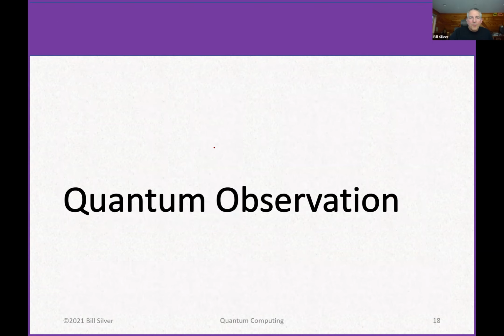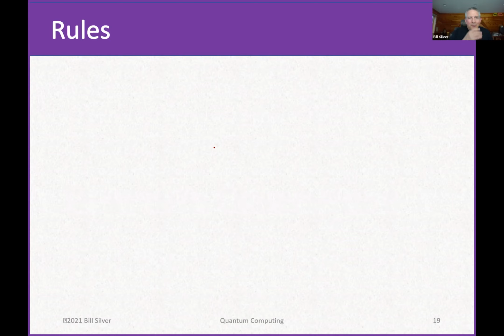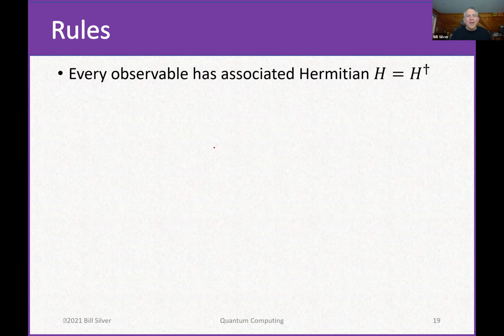So let's talk about observation, all right? This is just straight quantum mechanics, none of which I remember from college, but which I was exposed to when I was learning this stuff. So here are the rules as they have been explained to me by my various textbooks.